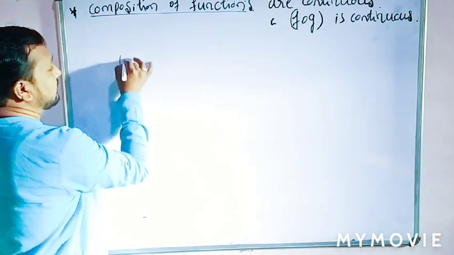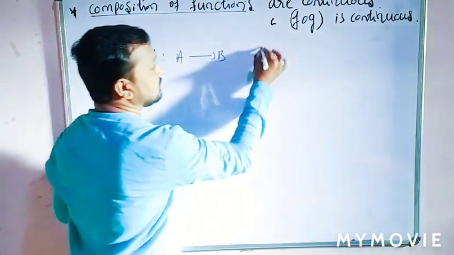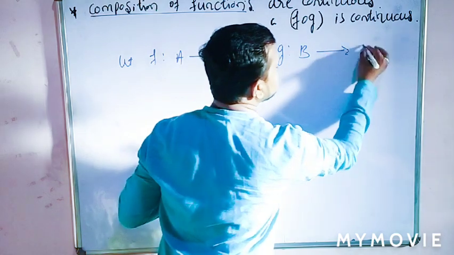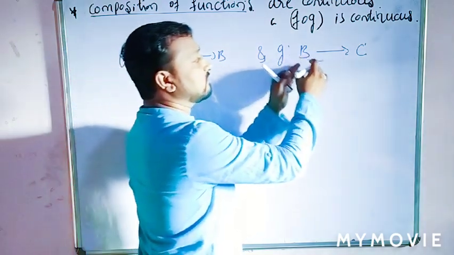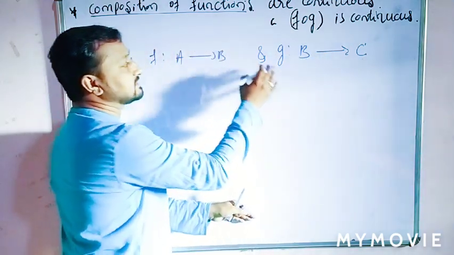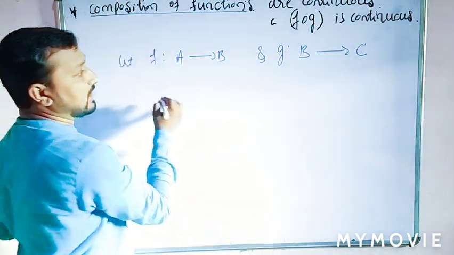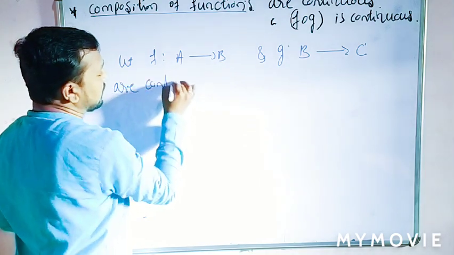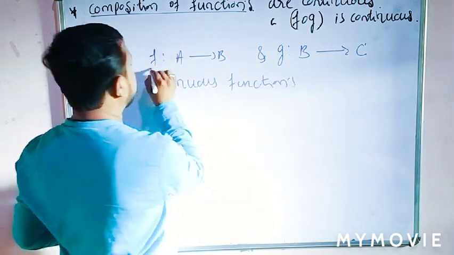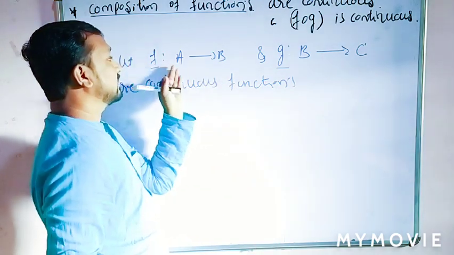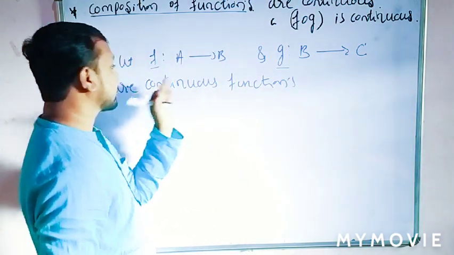So first, let me recall some basics of composition of a function. Already we know that f from A to B is one function, and g from B to C is also one function. Let f and g be continuous functions.